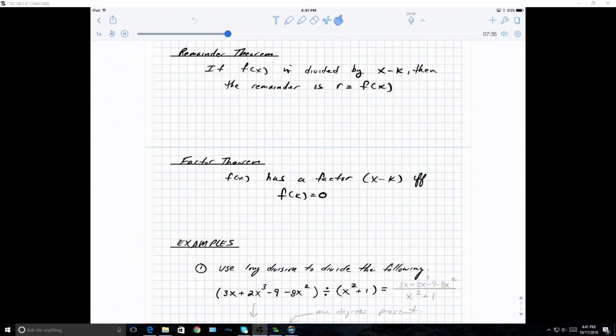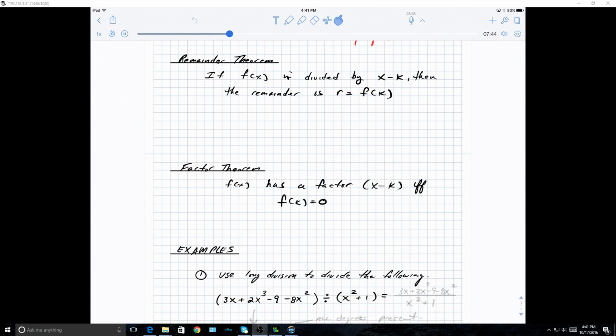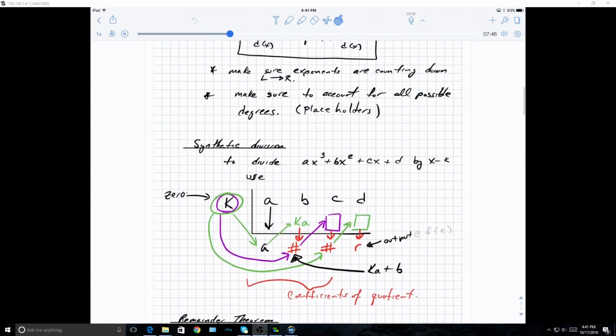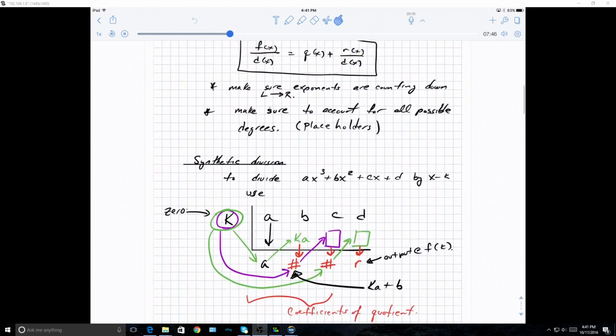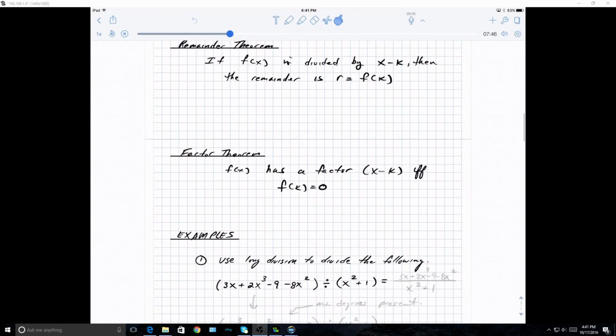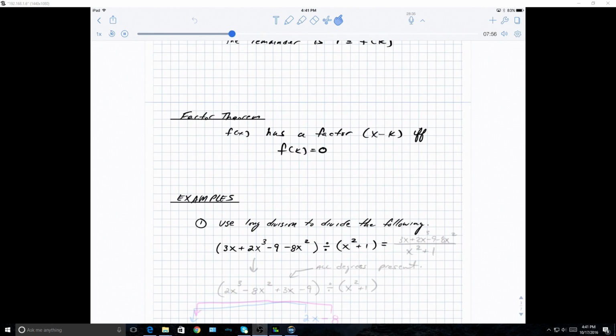So if at the 0 we can evaluate it, we'll get a remainder, which is this value right here, and that will tell us that that's the output value at f of k. Okay?